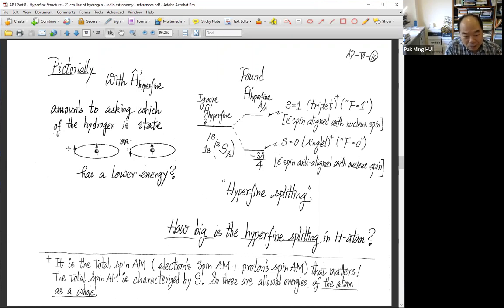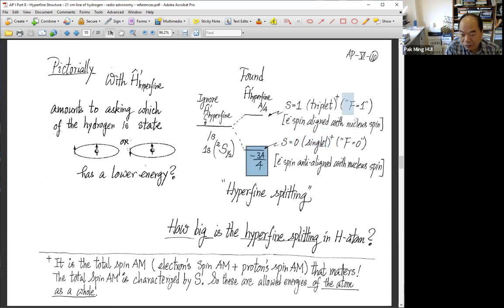Those books will tell you, this is the proton spin, this is the electron spin, okay? The question is whether this or that has a lower energy. Now we know how to handle it in quantum mechanics. Indeed, the triplet state, S equals 1, has a higher energy. The singlet one has a lower energy.